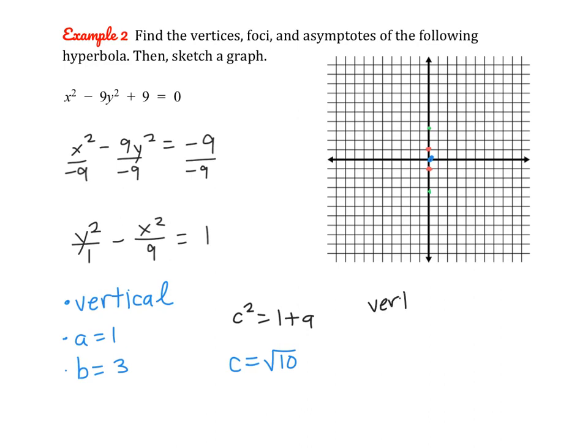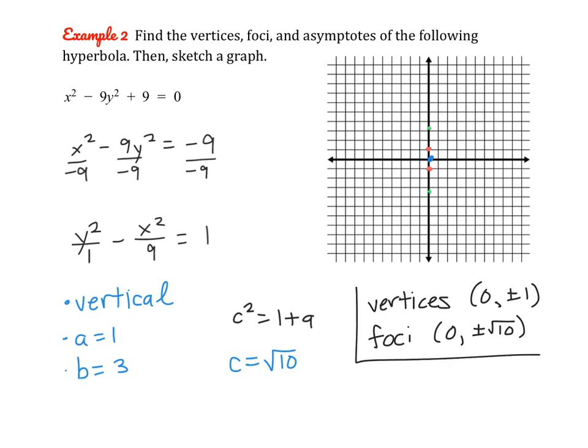So our vertices this time are at 0 plus or minus 1. And our foci are at 0 plus or minus square root of 10. And again, before we can draw in our hyperbolas, which we know will be vertical, we need to know the general shape that they'll be.